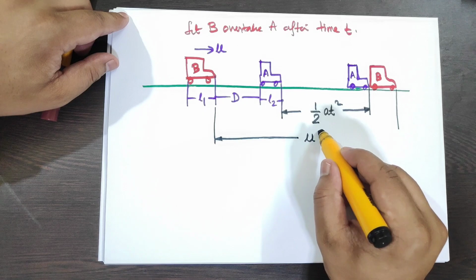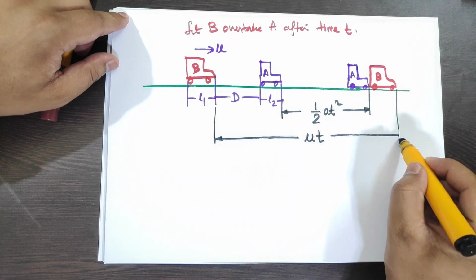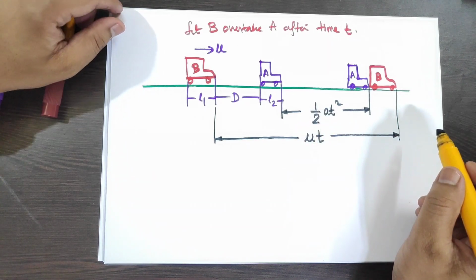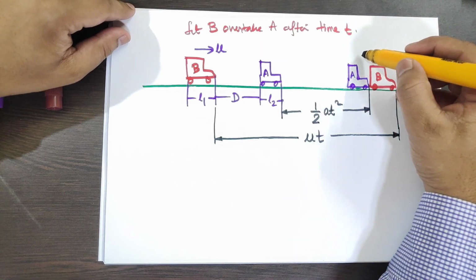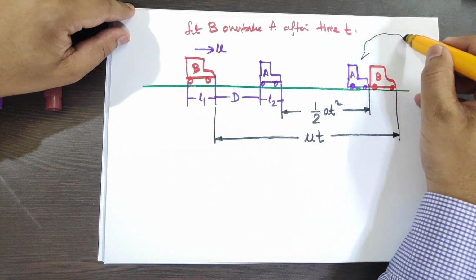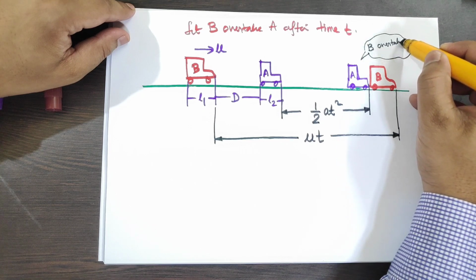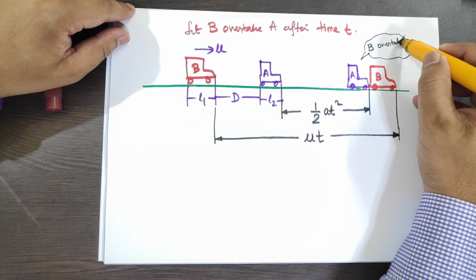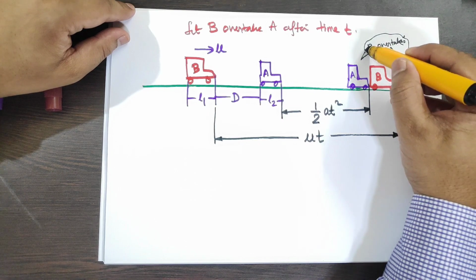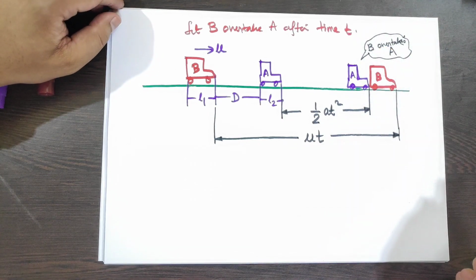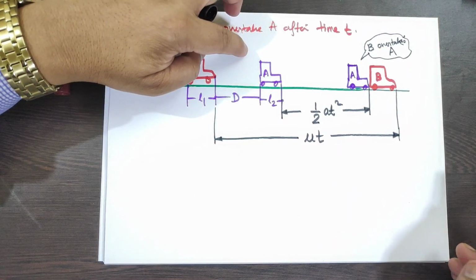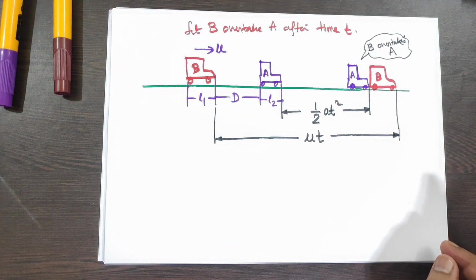It has no acceleration, so it is moving a distance ut. So here at this state, B just overtakes A. This situation is at time 0, this is at time t.